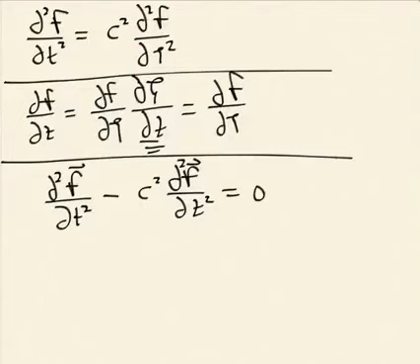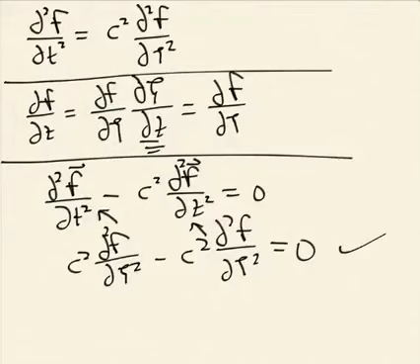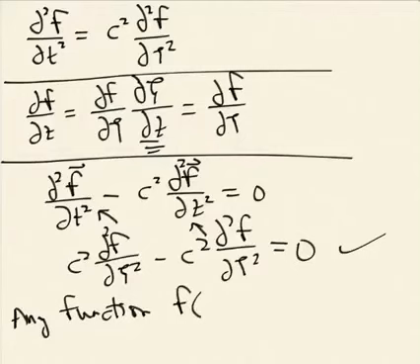If I just plug in what I found from above, I'm going to have c squared d squared f d squiggle squared minus c squared d squared f d squiggle squared, just replacing these two derivatives with derivatives with respect to the only argument of the function, which I like to call squiggle. There you go. And so this solves the equation. So any function that is just a function of z plus or minus ct is a solution of this equation.